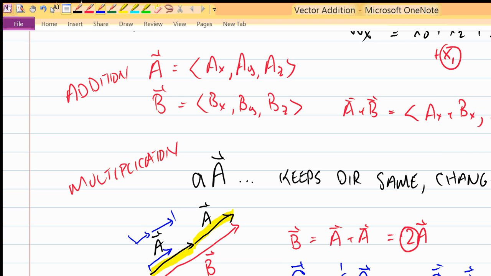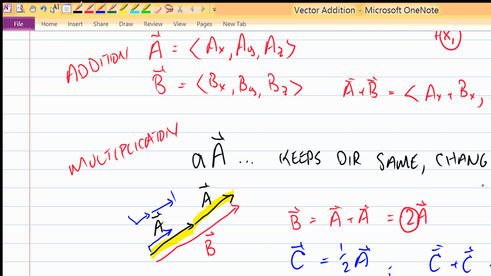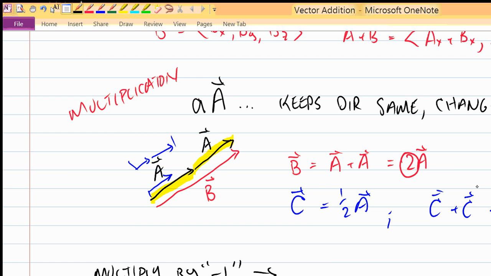And that is the sort of operation that you can freely do. So I've got addition and multiplication. Multiplication keeps the vector in the same direction, changes its length. There is one caveat when you multiply by -1. When you multiply by -1, if A went in that direction, minus A points in the other direction.